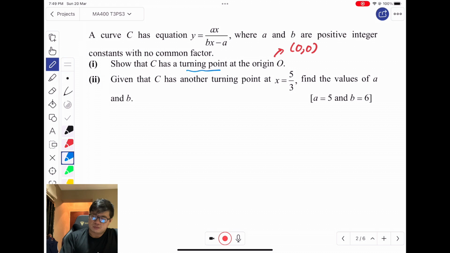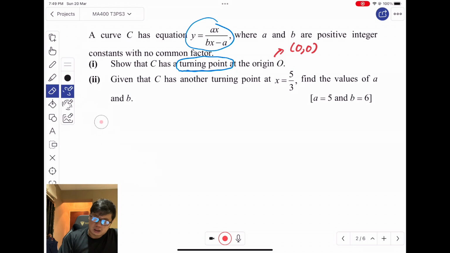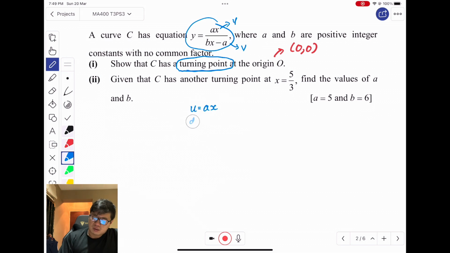So first, since they're asking for a turning point, we need to find dy/dx. Writing my y equal to ax, I'm going to use the quotient rule. I'm going to call my u as ax, therefore du/dx will just be a, and v will be bx minus a, and dv/dx would just be b.